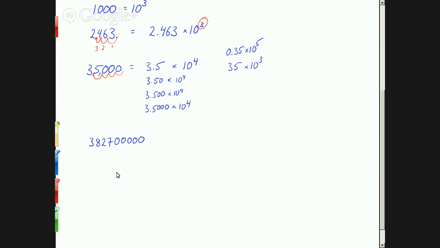That same procedure, put the decimal place at the end, and see how many places you have to move it to get just one number left. And that's going to be your exponent. We're going to assume in this case that the zeros are not significant. So leave the zeros off.